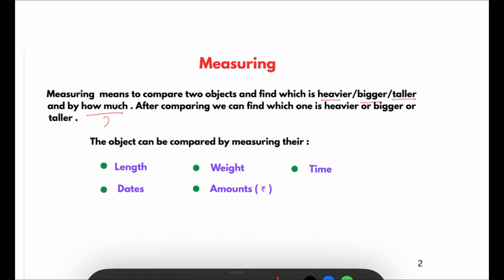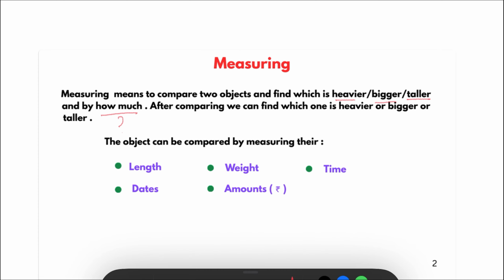So after comparing, we can find which one is heavier or bigger or taller. The objects can be compared by measuring their length, weight, time, dates and amounts. We will be discussing all these things in our upcoming slides.